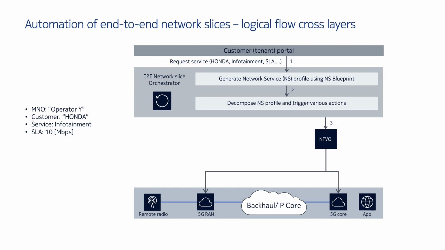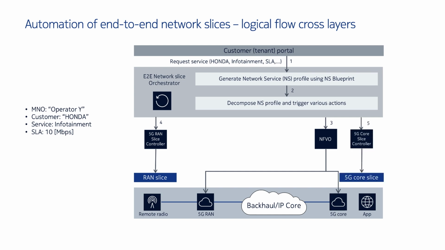The first thing it does, it sends a request to NFVO, which is creating the virtual RAN, virtual core, or both if it's needed. The second portion is it sends a request to RAN controller to create RAN slice, give the personality to RAN equipment. By the same token, it sends a request to 5G core controller to create the core slice, which is a personality in the core.